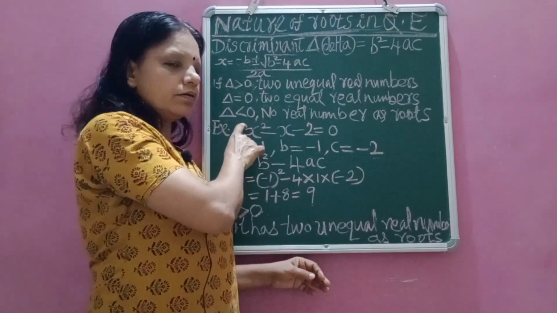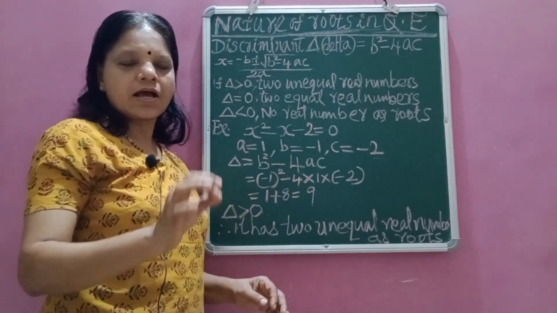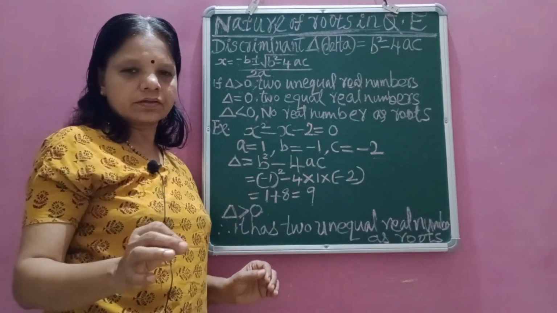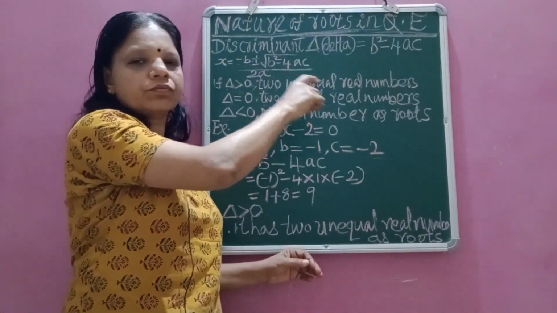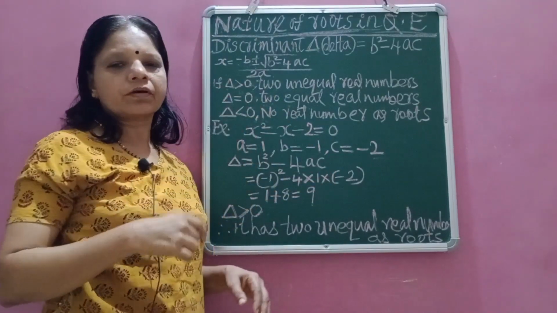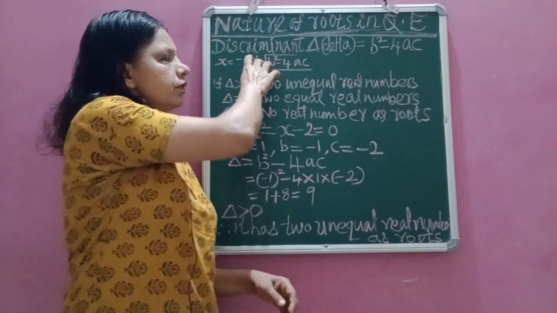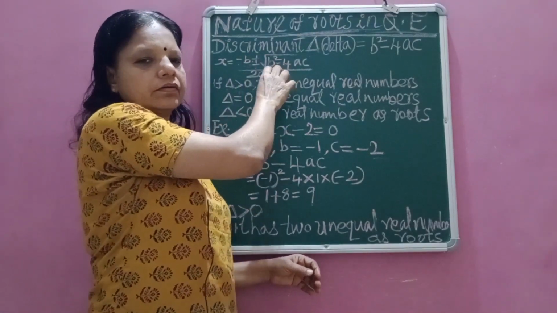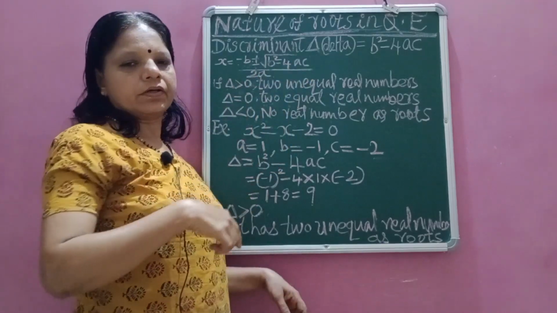When it is negative or less than 0, no real number exists as roots. Clear? These are the different nature of solution of quadratic equation depending upon the values of b square minus 4ac. From the formula it is clear that it definitely depends on the square root of b square minus 4ac.